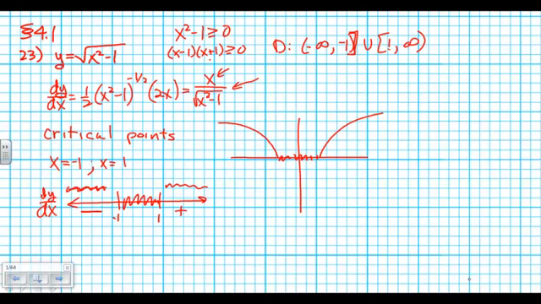Let me use the right notation. The value of y when x is equal to negative 1 is the square root of negative 1 squared minus 1, which is the square root of 1 minus 1, which is 0. So the point negative 1, 0 is at the long tail end of a decreasing function. I declare this to be a local min.